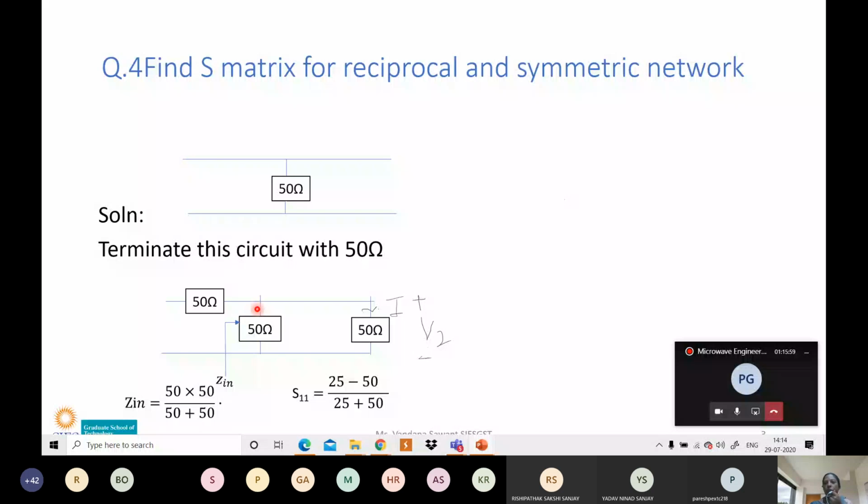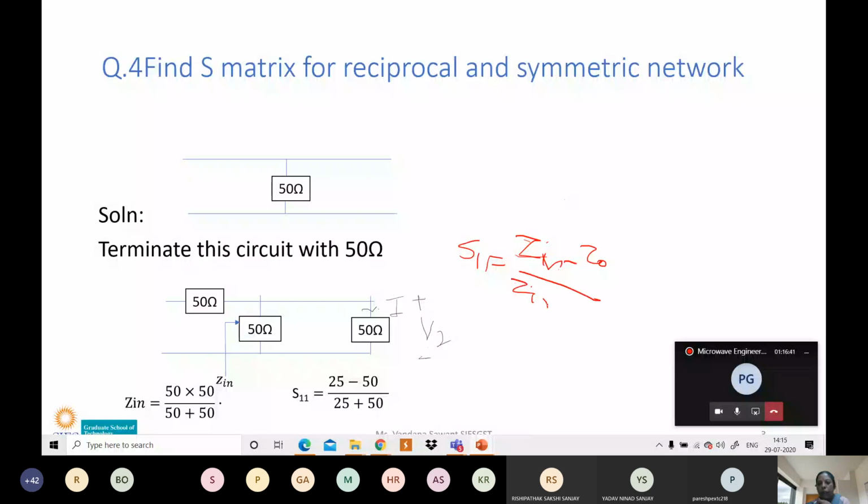Now we have a formula for S11: Zin minus Z0 divided by Zin plus Z0. So what is the formula for S11? S11 is equal to Zin minus Z0 divided by Zin plus Z0.